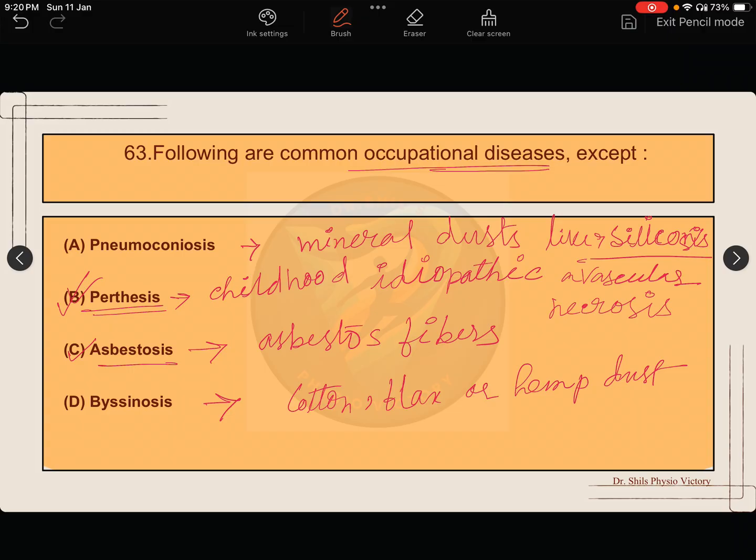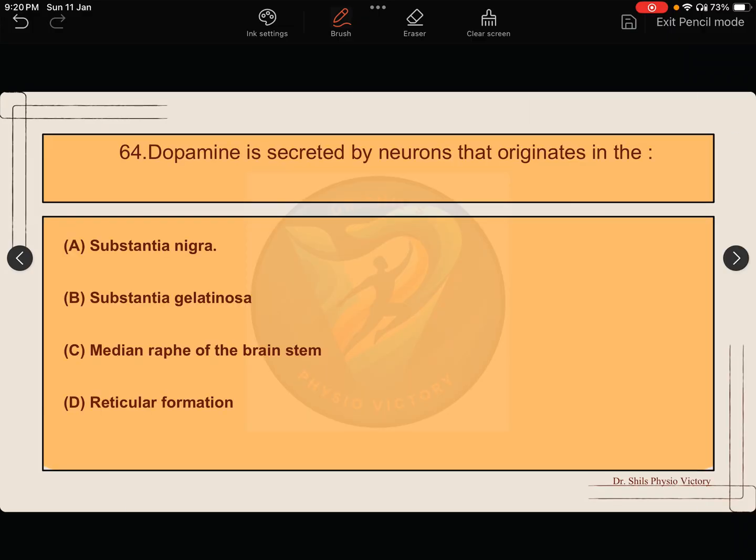Next, come to question number 64. Dopamine is secreted by neurons that originate in the option A substantia nigra, option B substantia gelatinosa, option C median raphe of the brainstem, option D reticular formation.